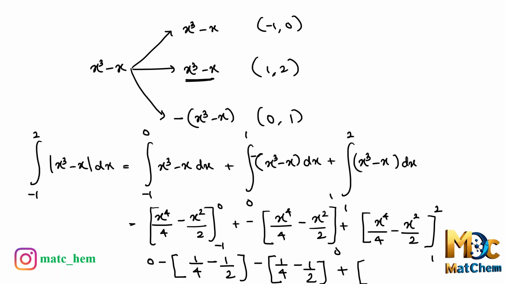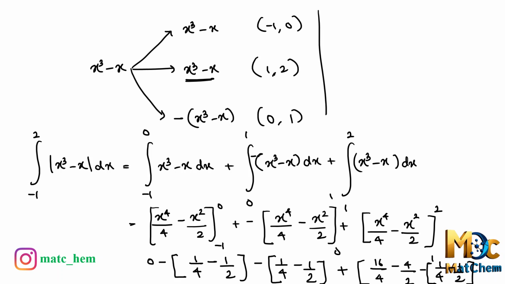Then plus, 2 raised to 4 is 16 divided by 4, minus 2 square is 4 by 2. Then we have minus of 1 raised to 4, which is 1 by 4 minus 1 by 2. So what will you get?